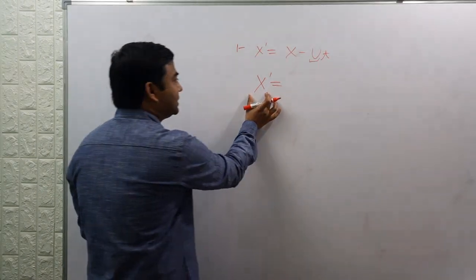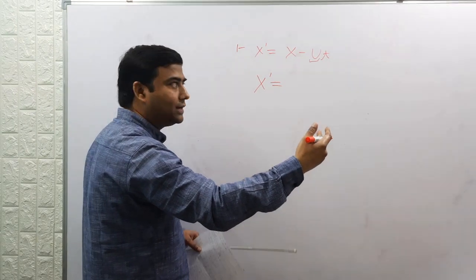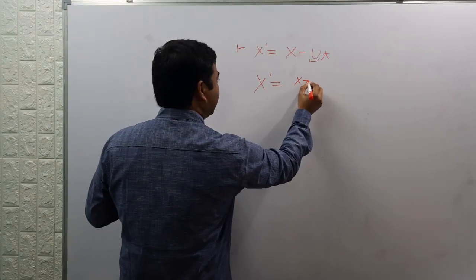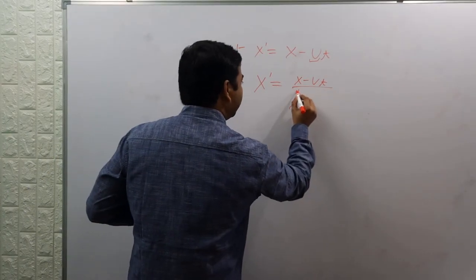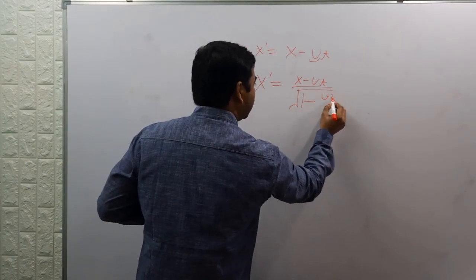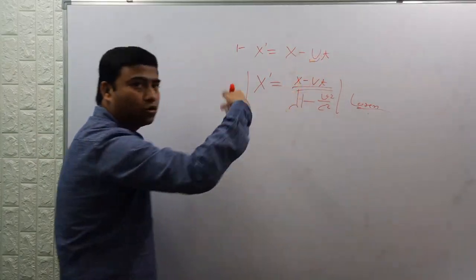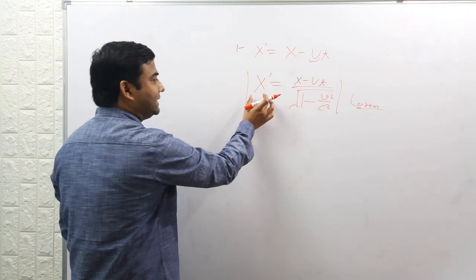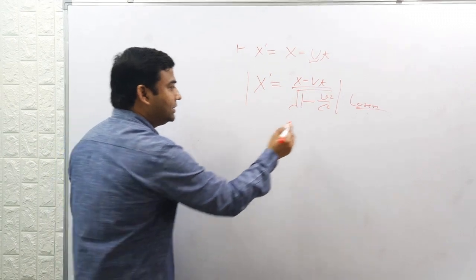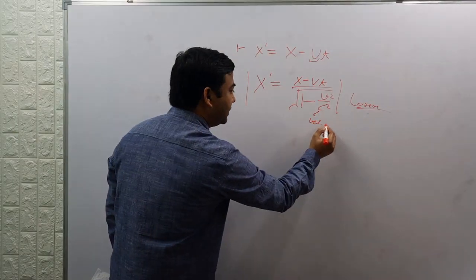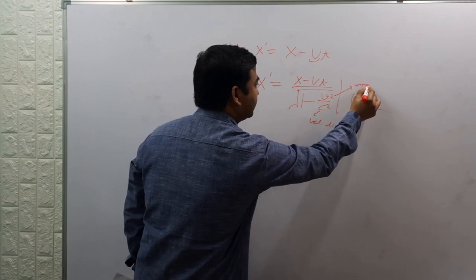For Lorentz transformation, when the velocity of the moving frame is very close to the velocity of light, x dash is equal to x minus vt divided by under root 1 minus v square by c square. Here c is the velocity of light, and v is the velocity of the moving frame.